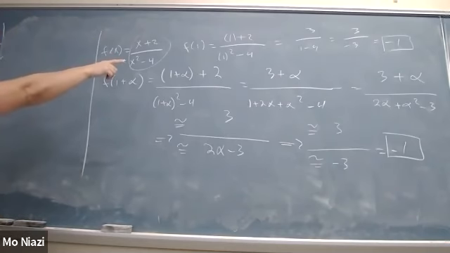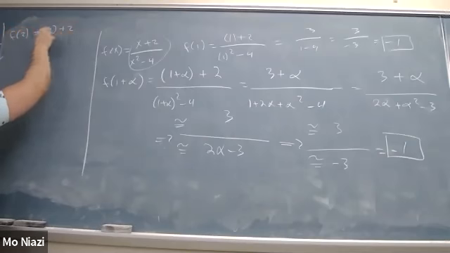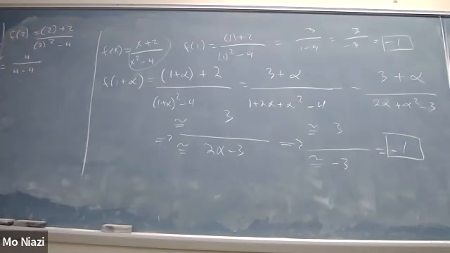What would occur if I evaluate this function at 2? What do you guys think is going to happen? What happens there? 0. So what does this equal?